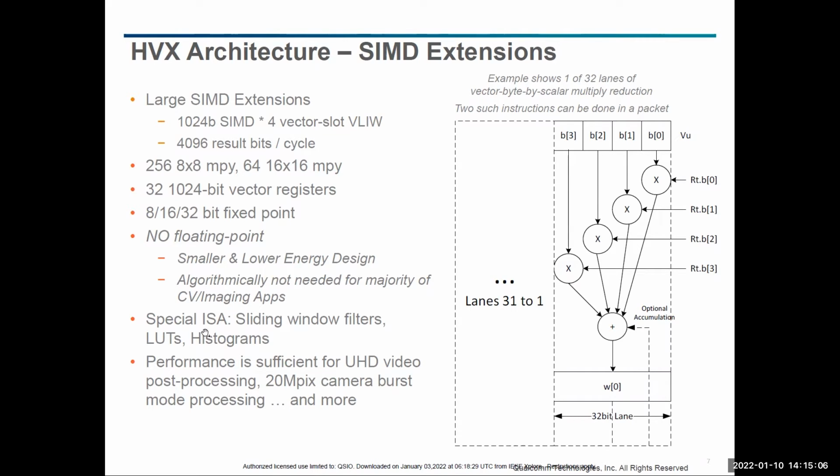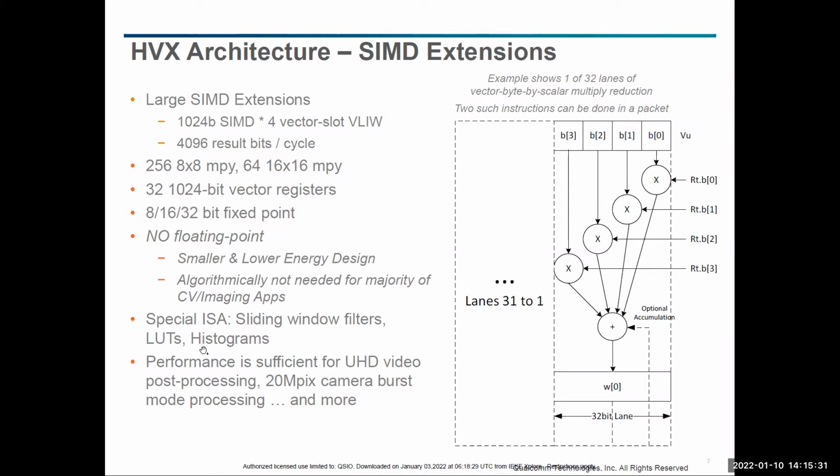So there are special instructions in the HVX instruction set ISA. There are special instructions which help operations like convolution, which need sliding window operations. There are dedicated instructions which help in getting data from lookup tables. And histograms are a very important metric used in computer vision to extract meaningful information from an image.